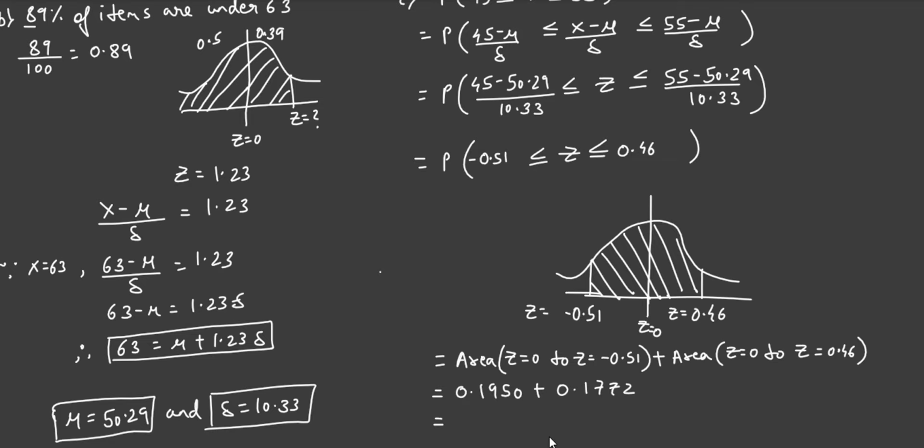So guys, this example is basically about the part which is given that 89% of items are under 63, and 7% of items are under 35.